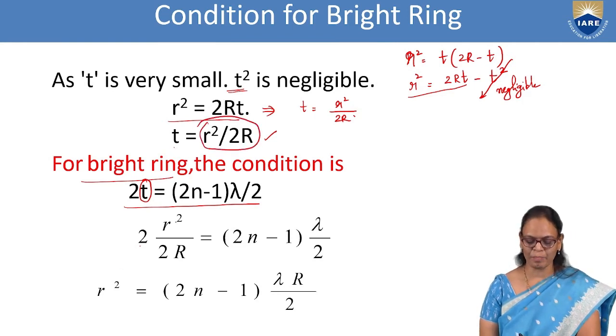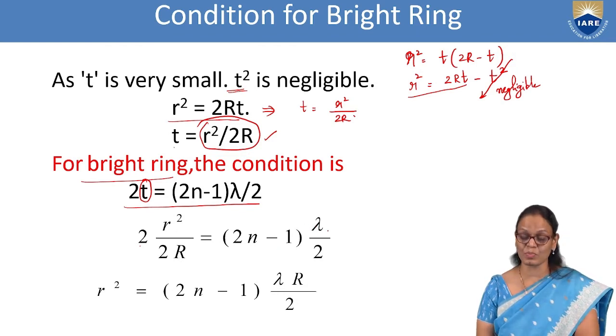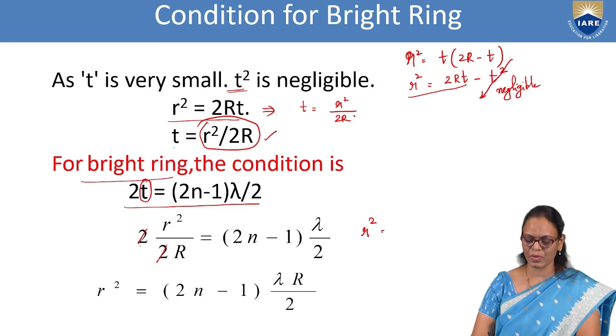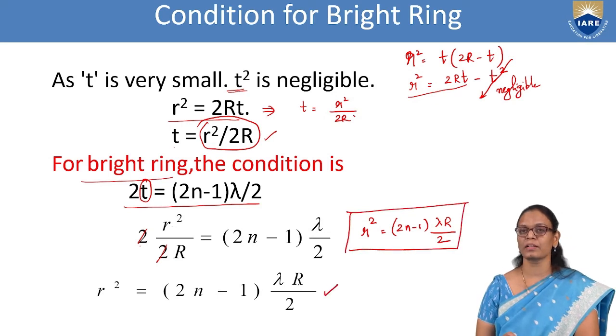The right hand side remains the same, 2n minus 1 into lambda by 2. This 2 and 2 will get cancelled. So r square will be equal to, taking capital R onto the other side, 2n minus 1 into lambda R by 2.